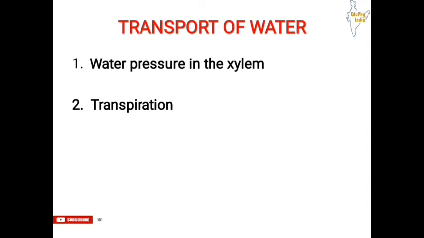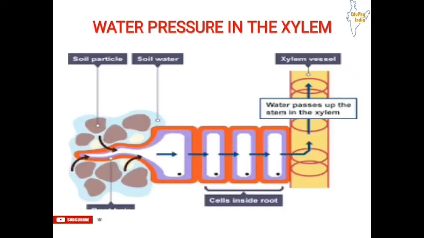Transpiration is nothing but evaporation of water molecules from the leaves to the atmosphere, and it occurs during the day, and water pressure in the xylem is more important during the night. First of all we will see water pressure in the xylem.